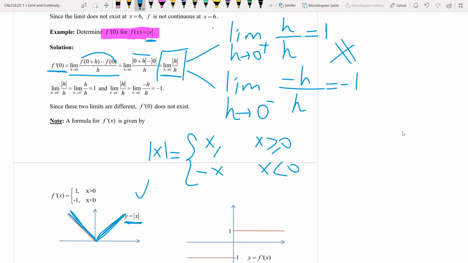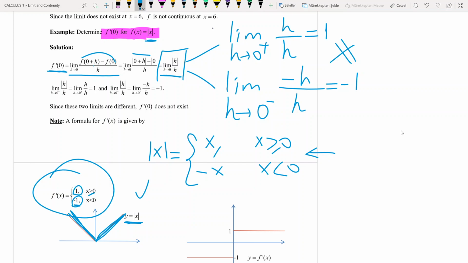When we differentiate this function, we have 1 when x is 0 or greater than 0, and we have minus 1 when x is negative. So as you see, the derivative from left and right is not equal.